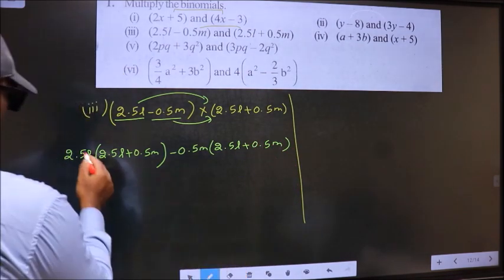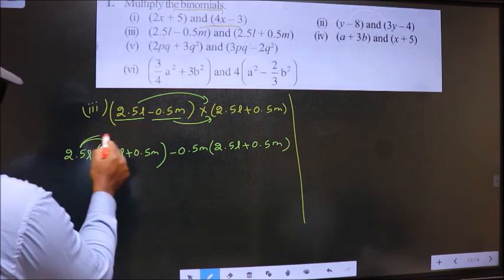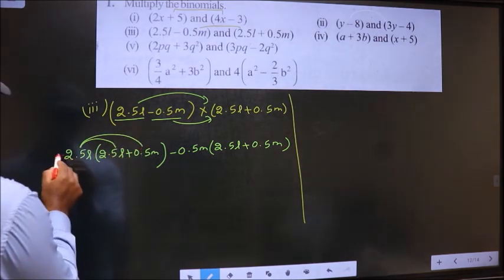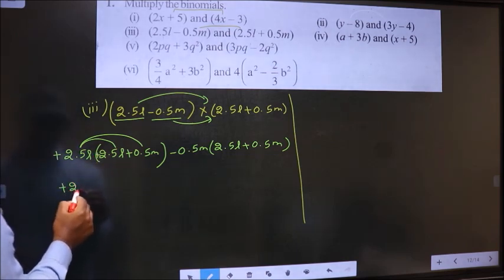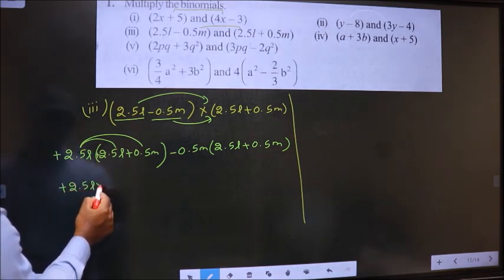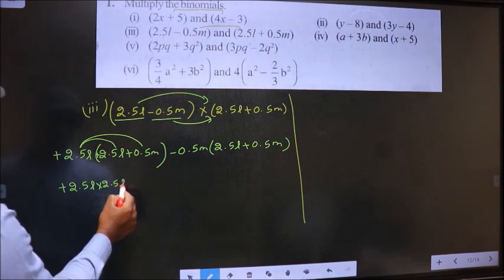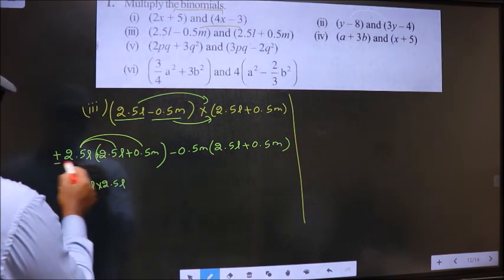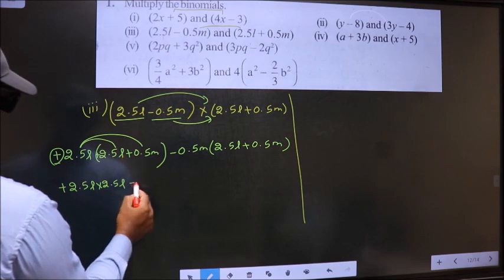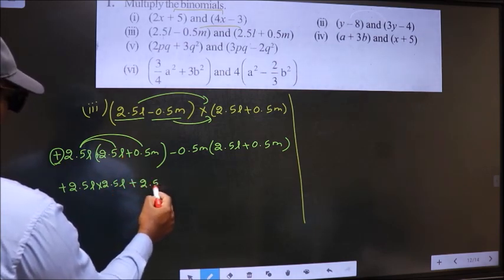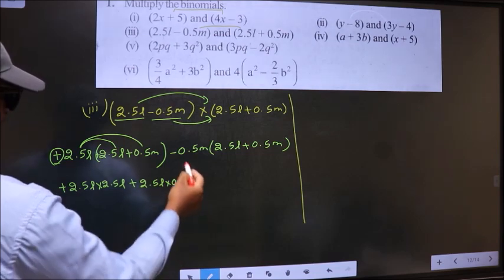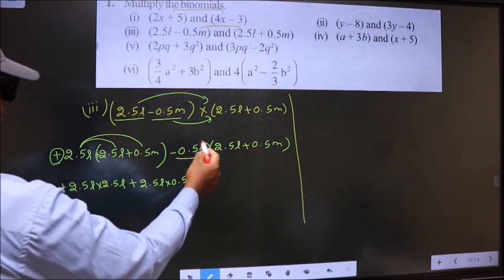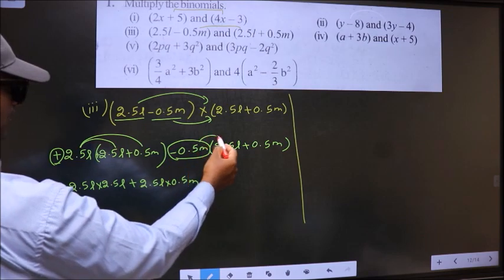Next, now we should open up the brackets in this way. Here it is plus, here also plus. So plus 2.5L into 2.5L. Now plus into plus, plus 2.5L into 0.5M. Now here we should open up the bracket with minus 0.5M.